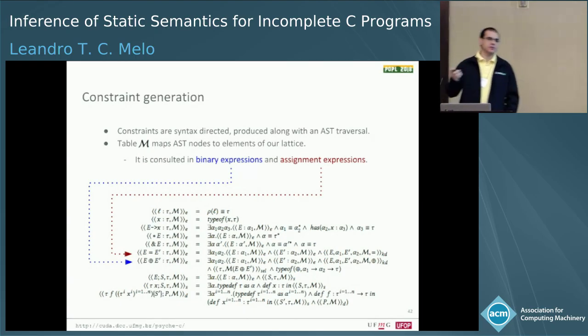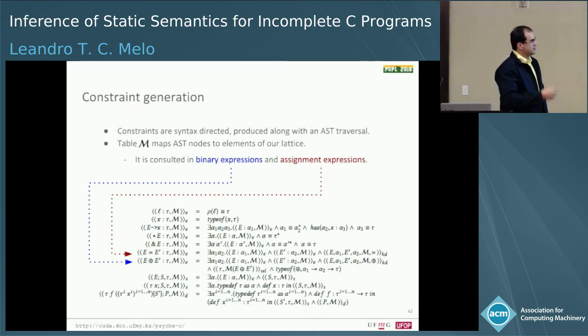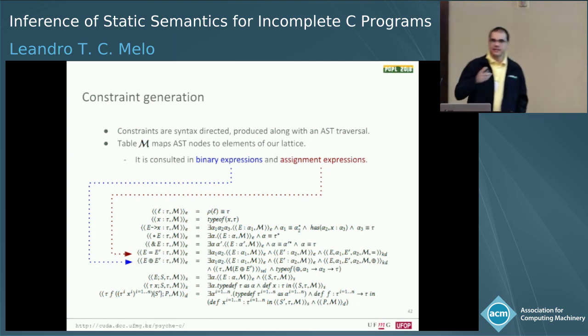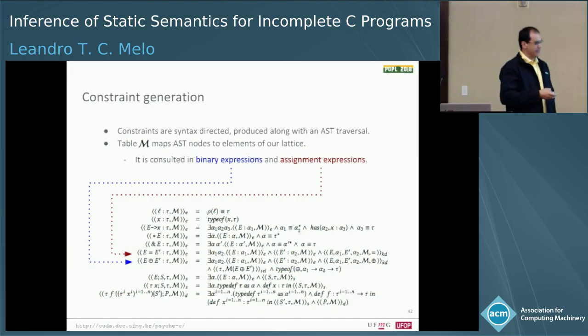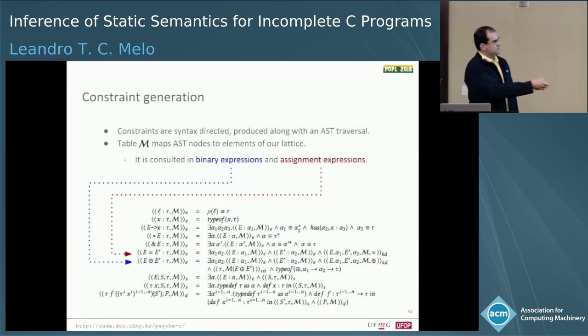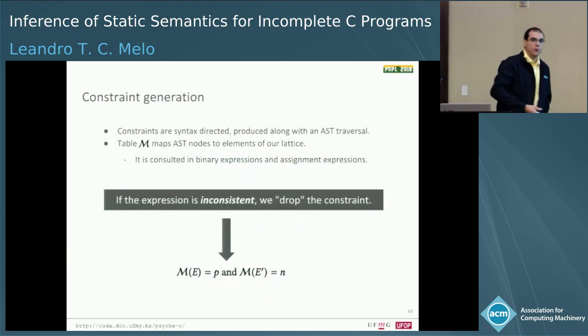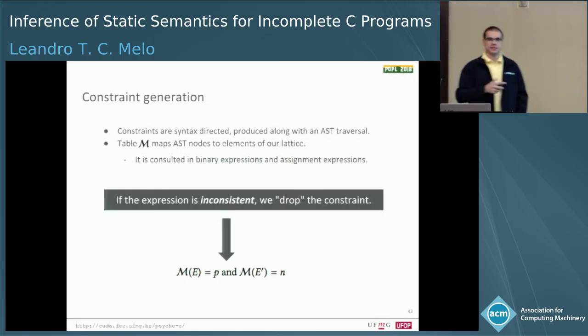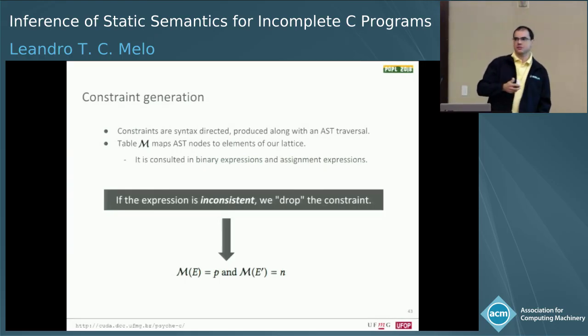So I can have a logical relation between a pointer and an integer in C. So in binary expressions and in assignments, what we do is that we make a consultation to table M, and we check what is the pretype of that thing, the AST node in question, and if we have something inconsistent, we drop this constraint.